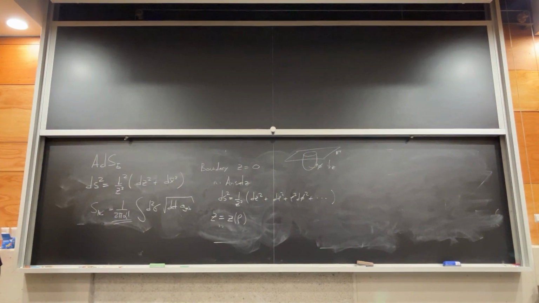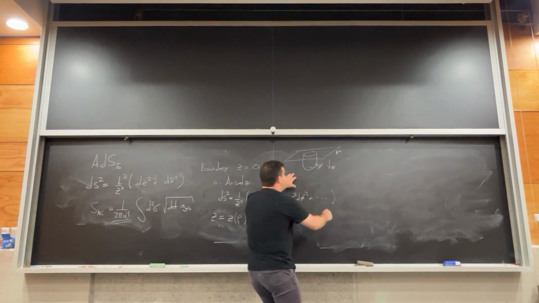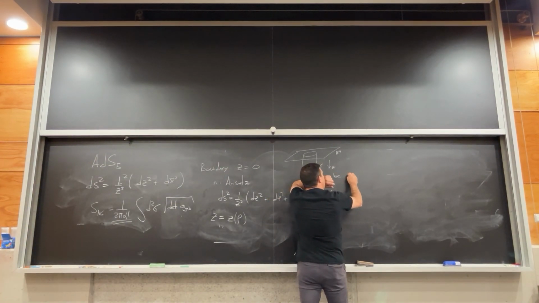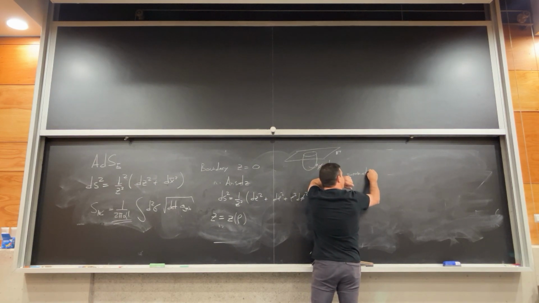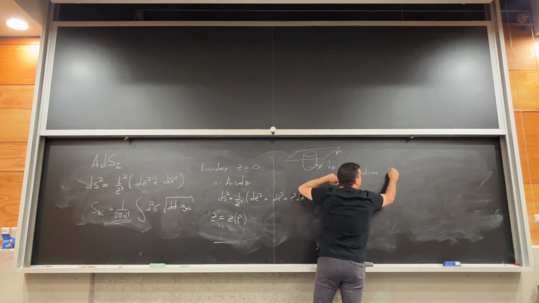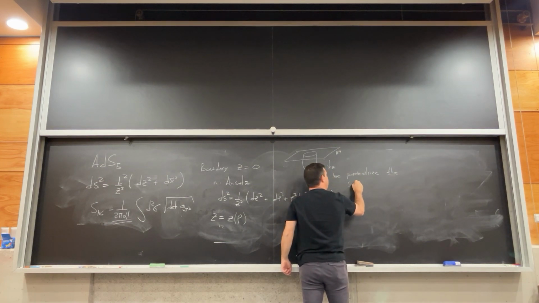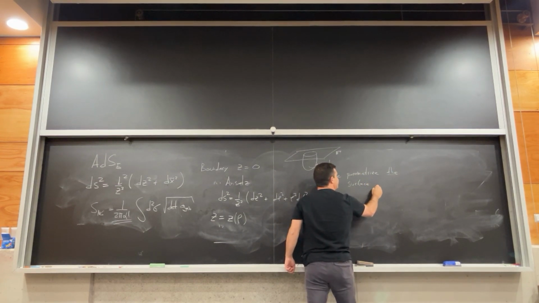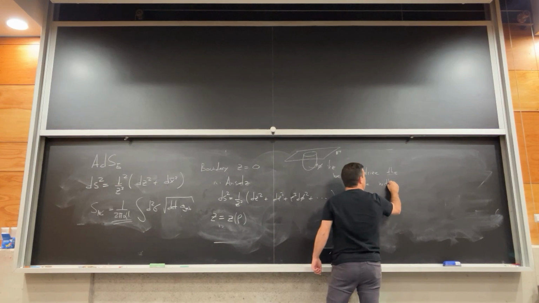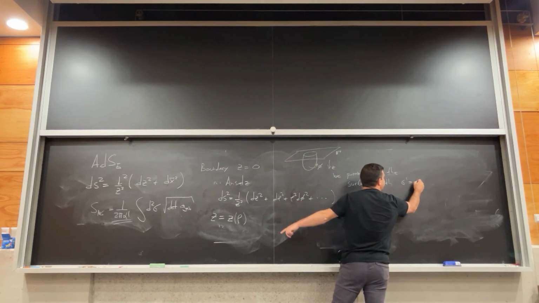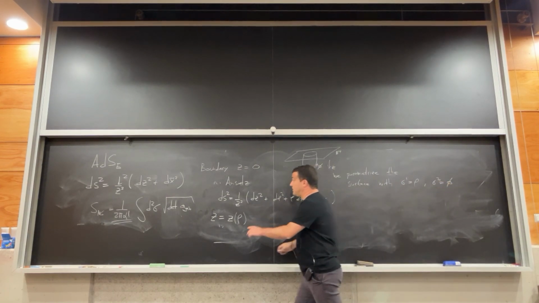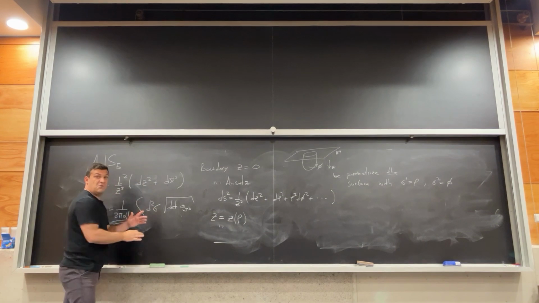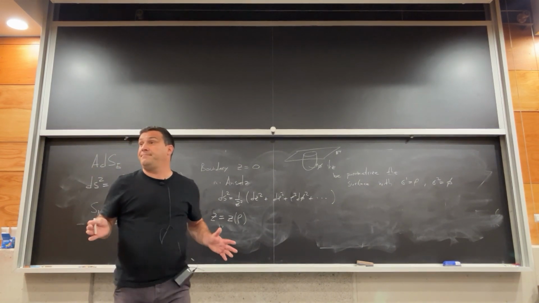Make sure this is correct. Yes. So we parameterize the surface with sigma 1 is rho and sigma 2 is phi. So the sigmas are these two coordinates that I put in the worksheet. So in the sphere it would be theta and phi.